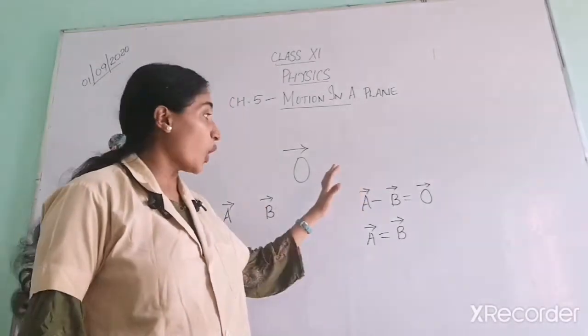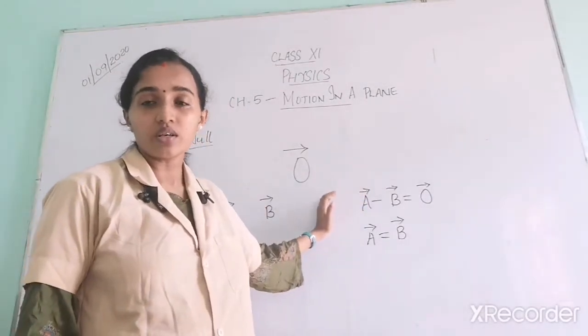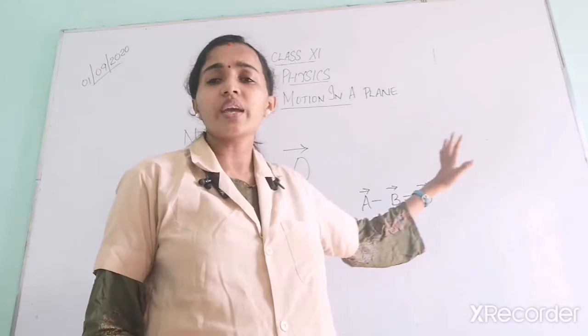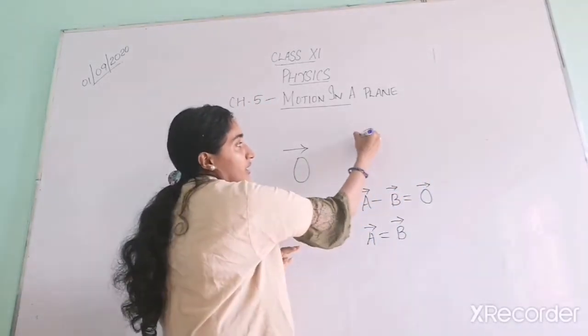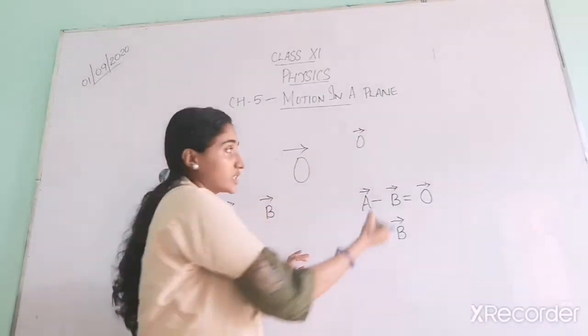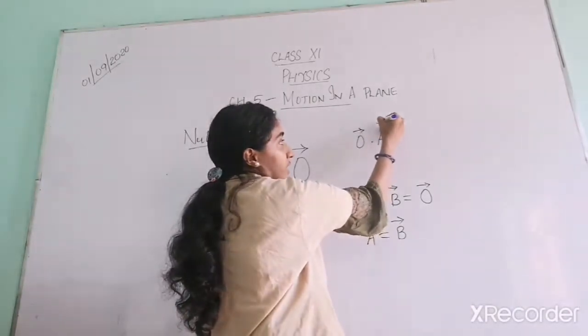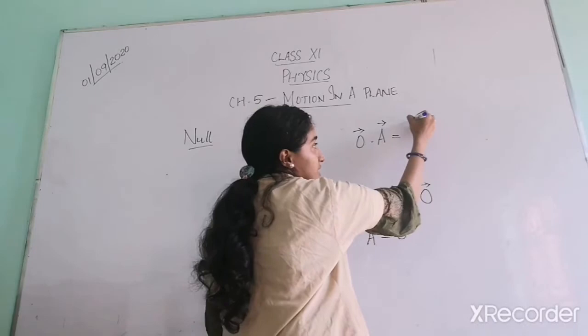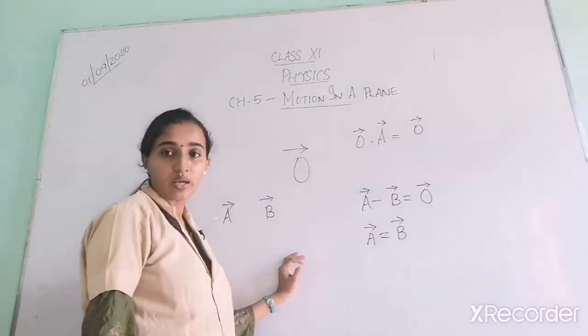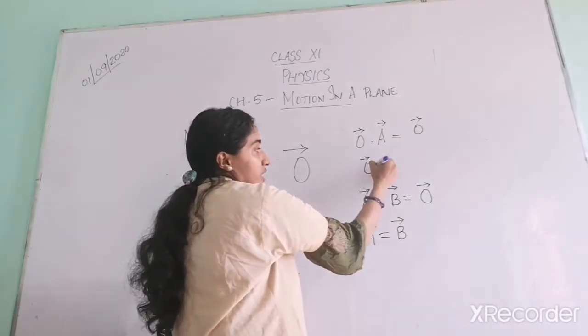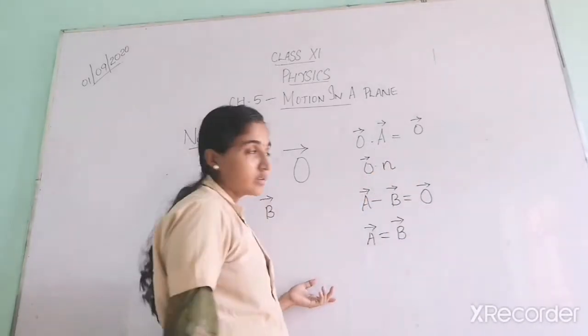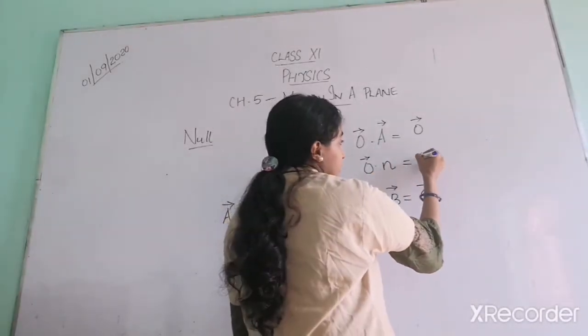Now, the properties of the null vector or zero vector are the usual properties. If you multiply a zero vector with a finite vector A, you get a zero vector itself. Second, if you multiply a zero vector with a number n, then also it will be 0.